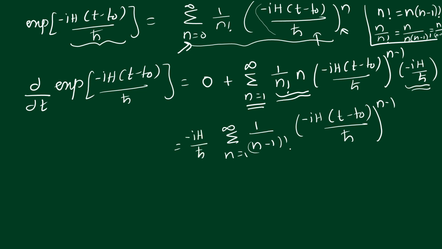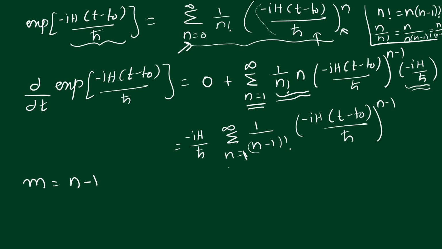Now you see that this is the sum from n equal to 1 to infinity, but the first term here has n minus 1, and here also there is n minus 1, which means that we can redefine the summation index. We can introduce a new summation index m, with m equal to n minus 1.